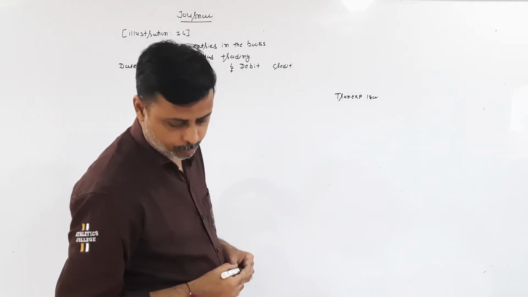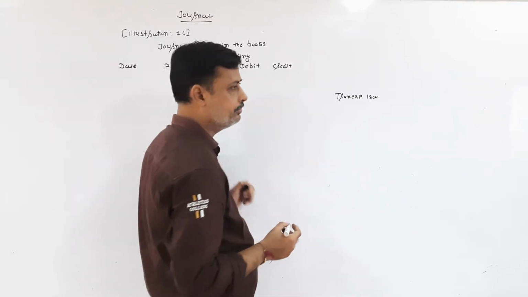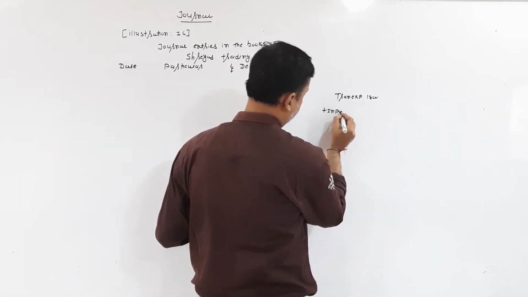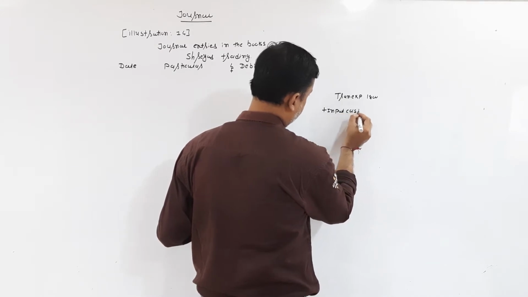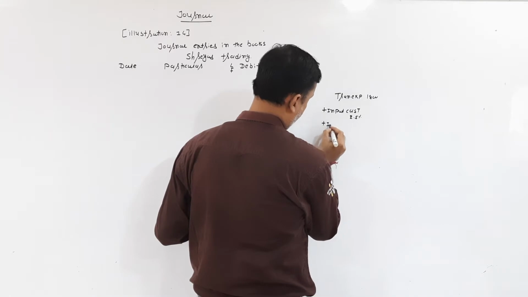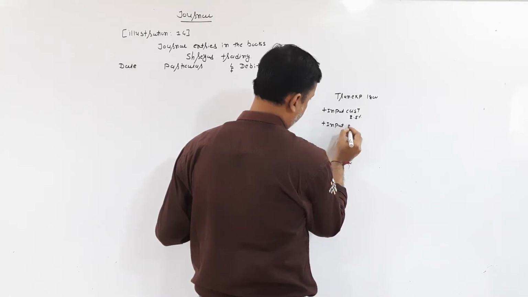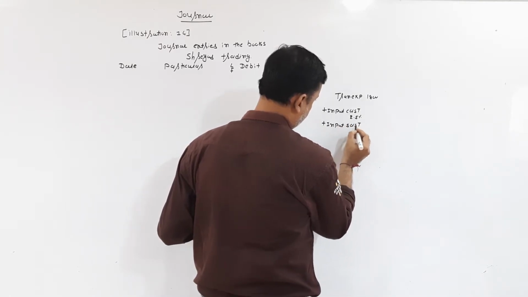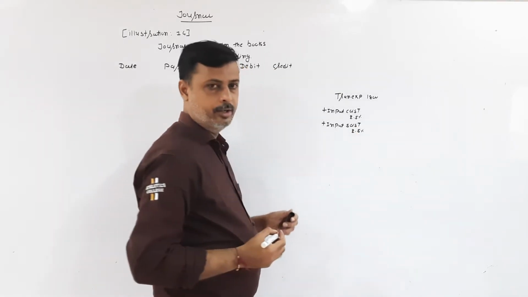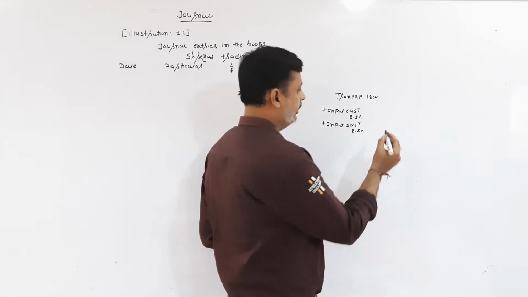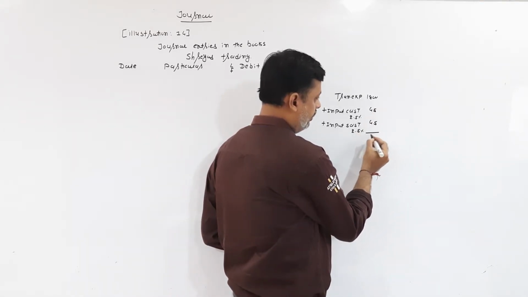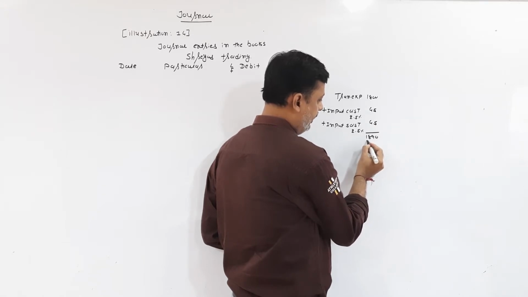Now 2.5% CGST. Eighteen hundred 2.5%, that is 45. 45. So 1890.